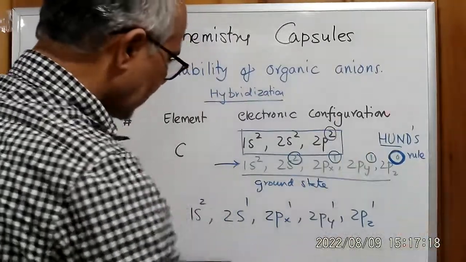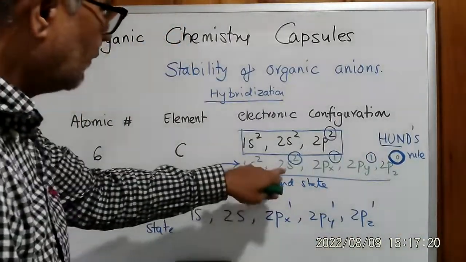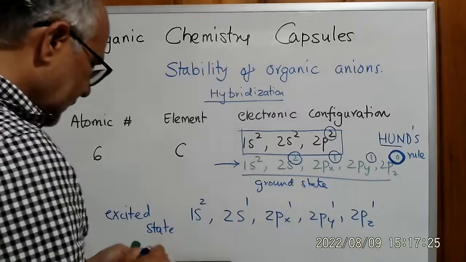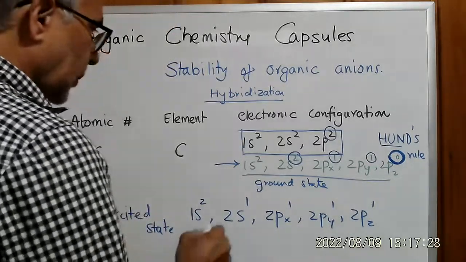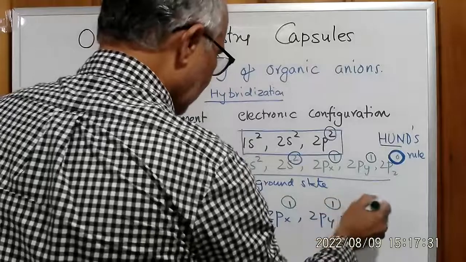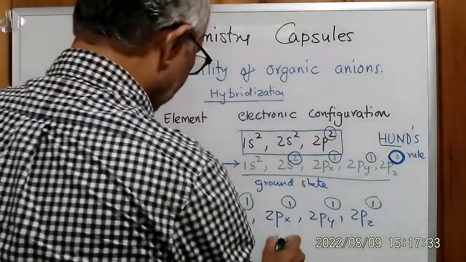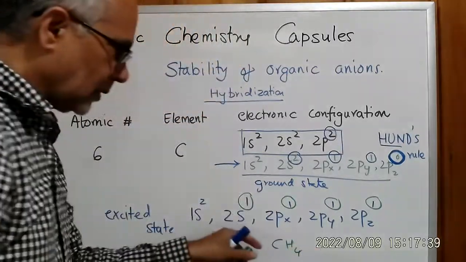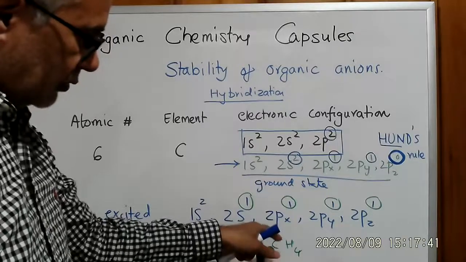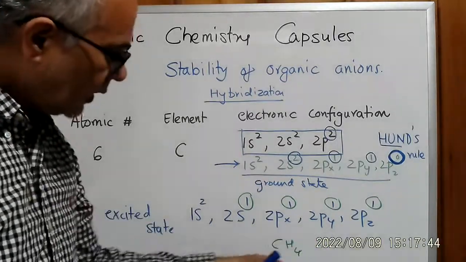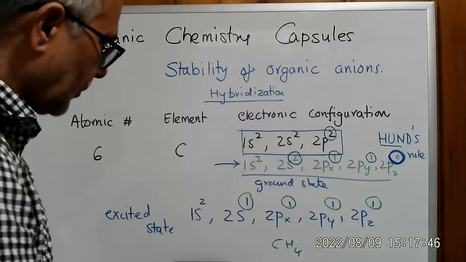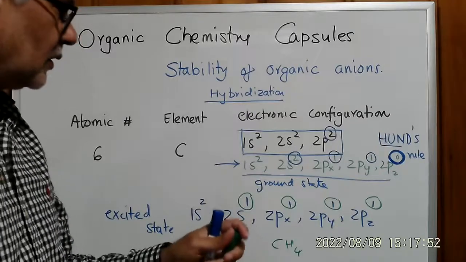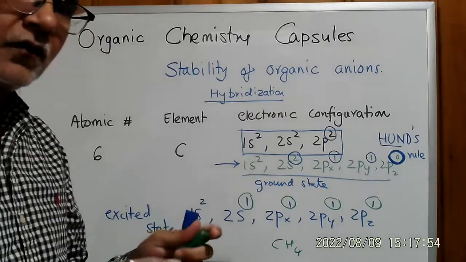When energy is supplied, one of the 2s electrons jumps into the available 2p orbital, and now carbon suddenly has 4 unpaired electrons. These 4 unpaired electrons can, for example, combine with 4 electrons from 4 different hydrogen atoms to make CH4. So the excited state electronic configuration explains the fact that carbon can form 4 bonds.